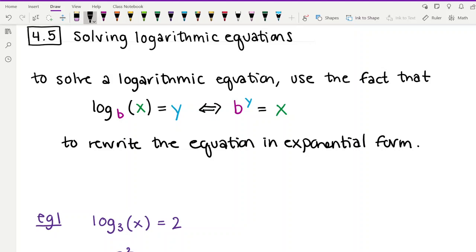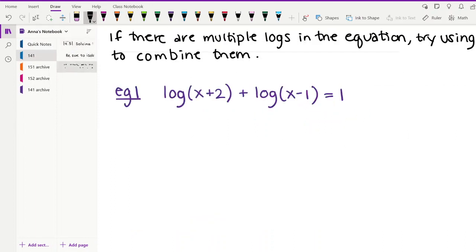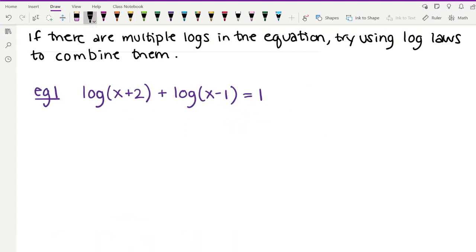So we need to find a way to take this equation with multiple logarithms and combine it into only one logarithm. And fortunately, we have a rule for that, right? We know that if you have 2 logarithms with the same base, and you're adding them, that's the same thing as doing the logarithm of their product.